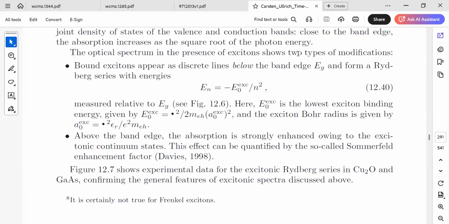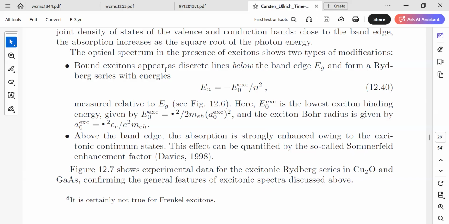Due to the presence of these excitons, there would be two types of modification in our spectrum, and we expect that these two types of modification should be depicted by the theoretical calculation according to our theory, because these two modifications are actually observed in the true spectrum.